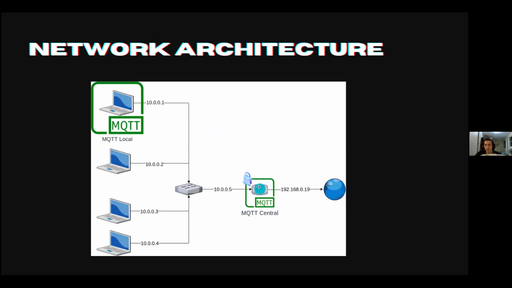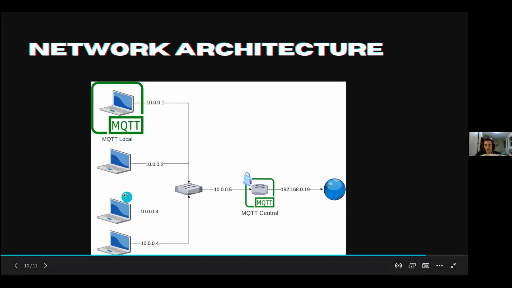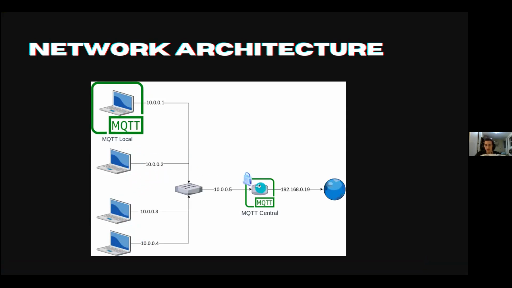Since we want the central to send the messages to the web, the hosts need to be connected together. They have a connection between them and to a central, and the central is responsible for sending the packages to the World Wide Web.